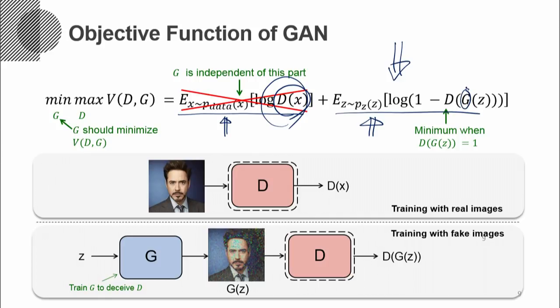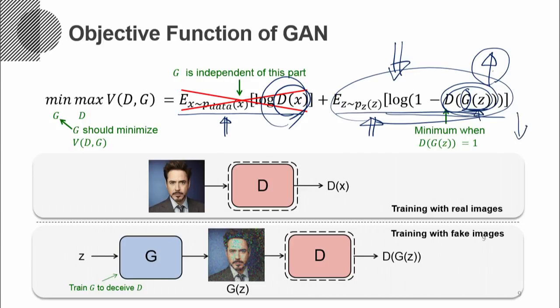So from the perspective of the objective function of this generator, instead of maximizing this part, it should minimize this part, so that this part becomes maximized, which means for these generated fake images, the generator will want this value to be maximized, and thus overall this part should be minimized.